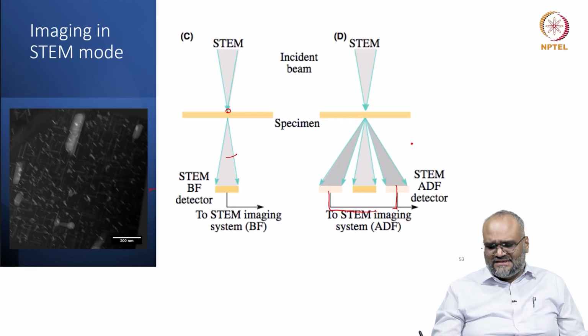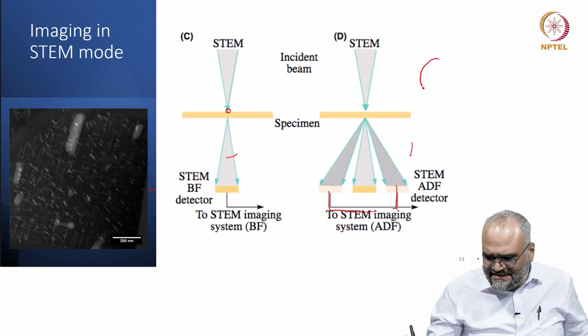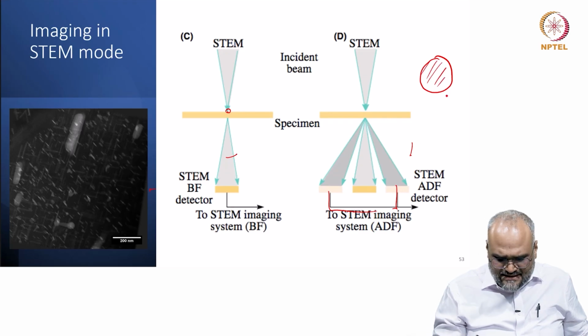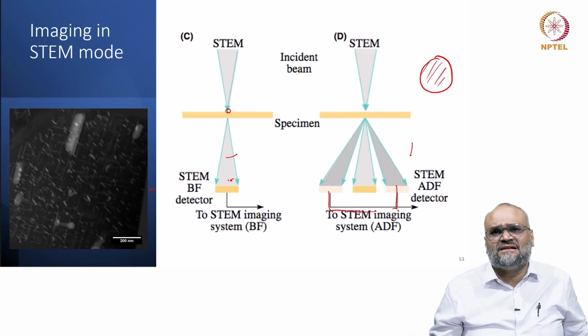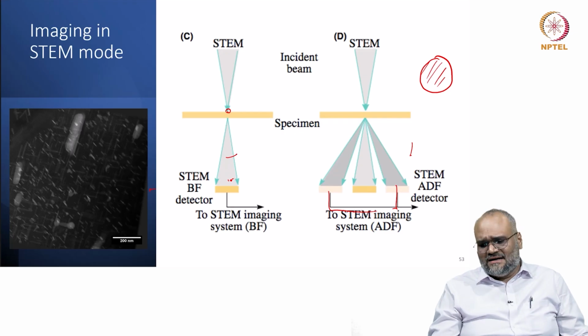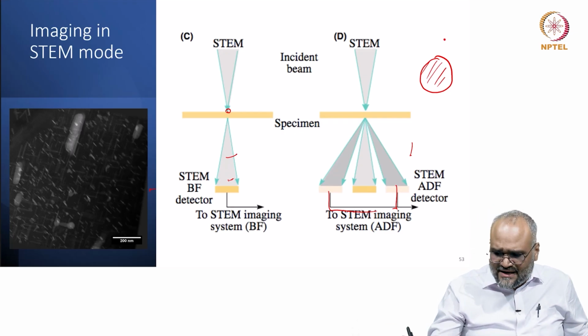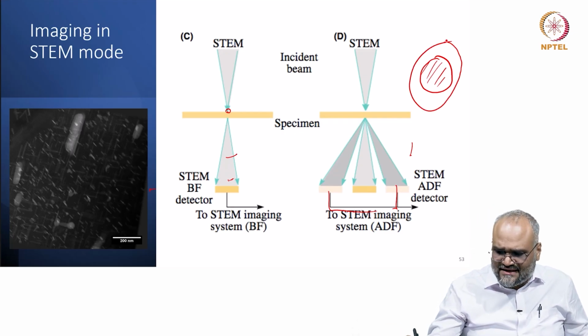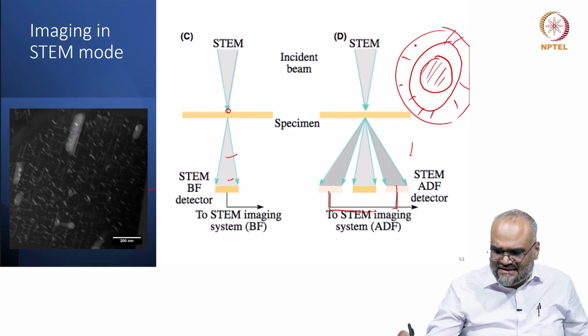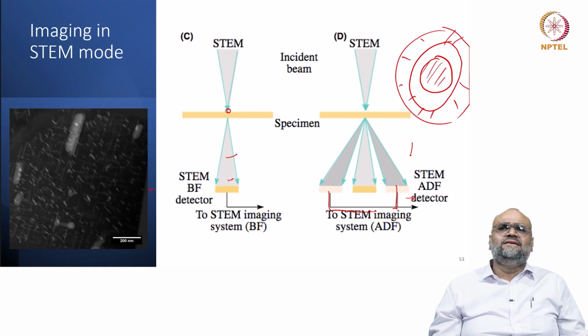And if I look at this from the top view, the configuration is the bright field detector is somewhere at the center where I am collecting the forward scattered information closest to the principal axis, and by using an annular dark field detector, I am collecting the radial information which is scattered at a slightly larger angle.